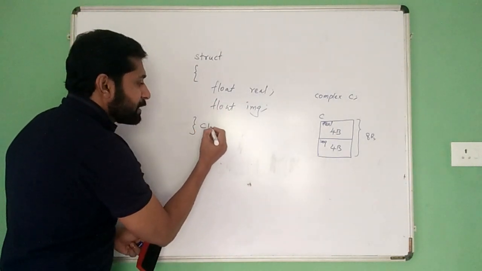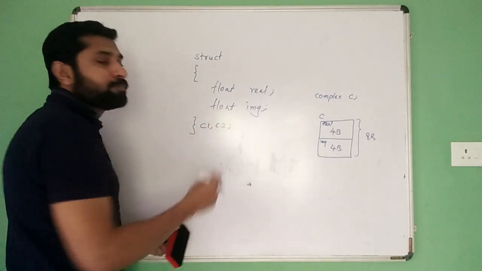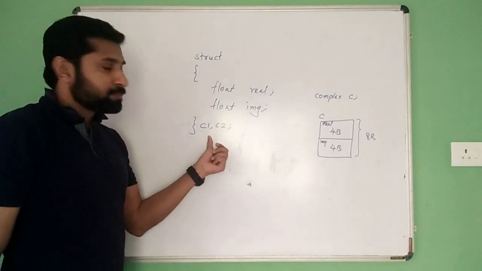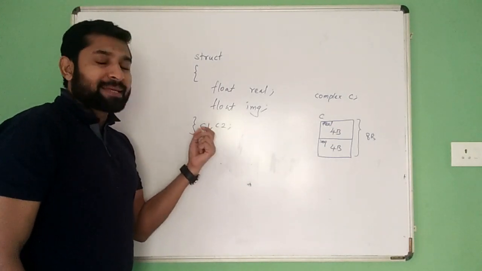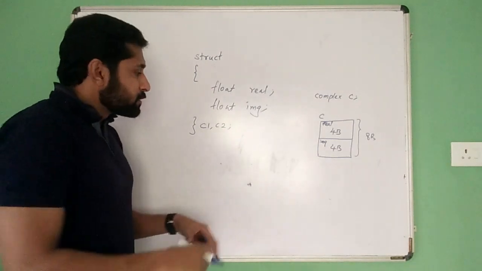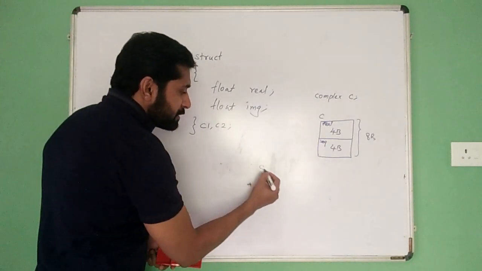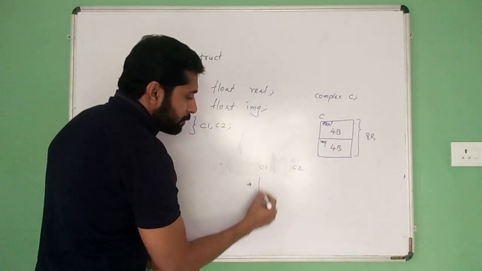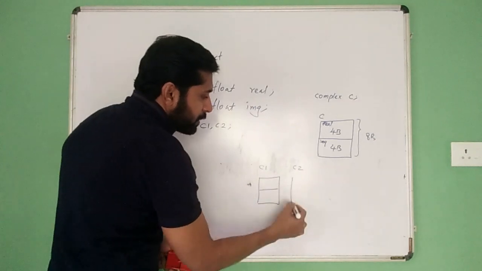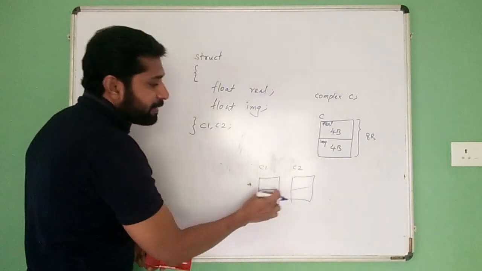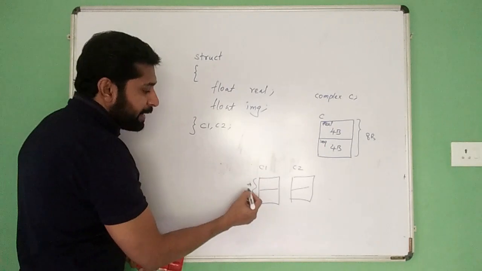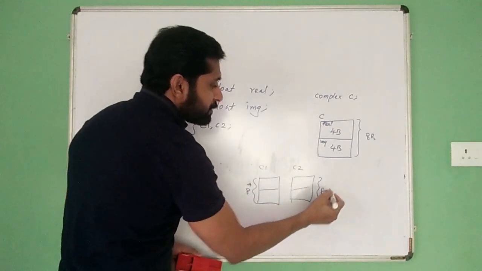We can name them C1, C2. This is grammatically or syntactically correct. So this will create two variables C1, C2. Both will have two parts, imaginary and real parts. This will consume 8 bytes. This also consumes 8 bytes.